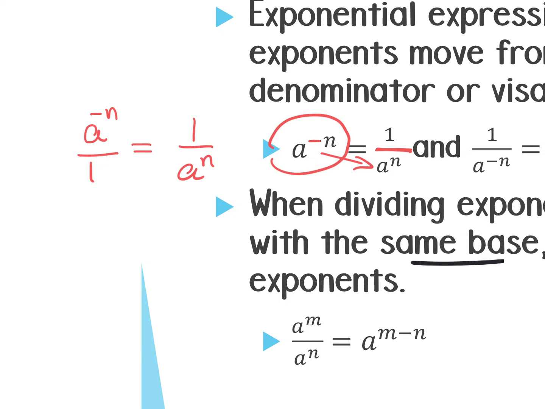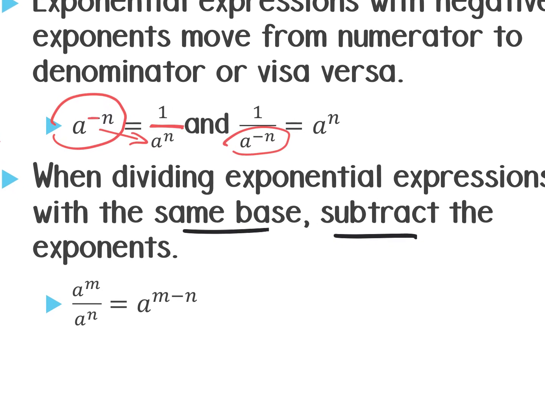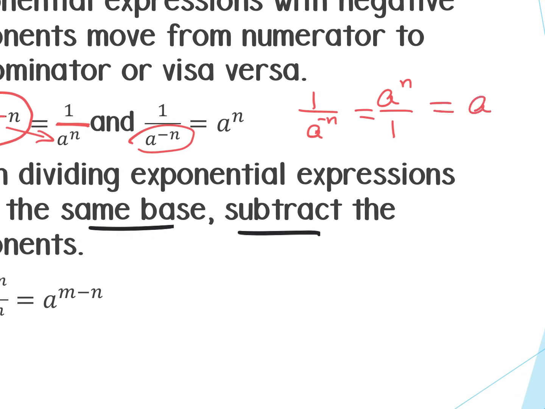Now, if it's already a fraction and it has a negative power, you just move it to its opposite spot. So again, if you think about reciprocal, a to the negative n power, we can flip this to its reciprocal, make it positive, and then this would just simplify. Anytime you have a 1 in the denominator, it just becomes a whole number.